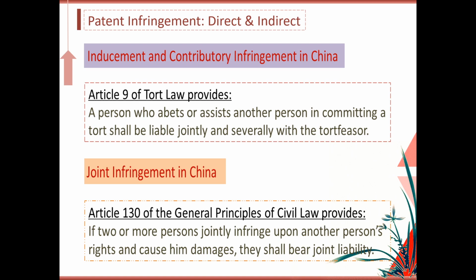Because after the rise of the internet and the growth of a global economy, in many cases it's just unrealistic for a patent owner to sue the direct infringer, because there could be lots of direct infringers.